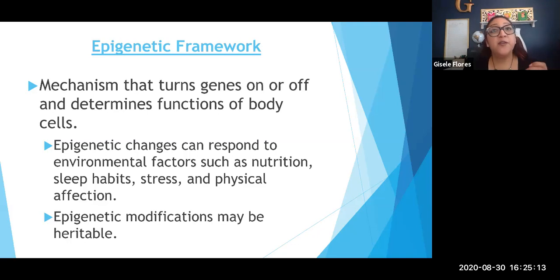So, for example, I have a predisposition for anxiety and depression. If I'm in an environment that is really stressful, that is high pressure, not a lot of support, the chances of my experiences turning on those genetic predispositions for anxiety and depression are really high.